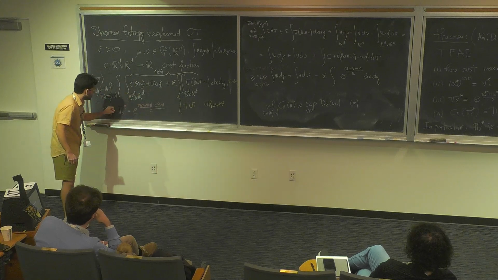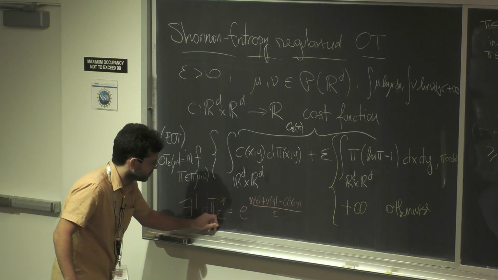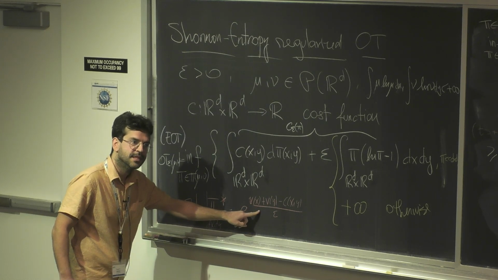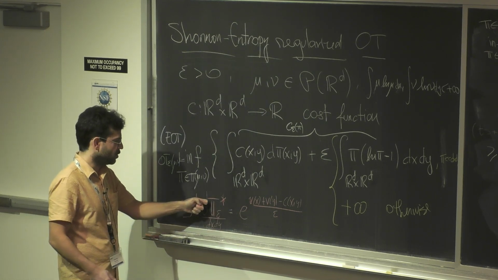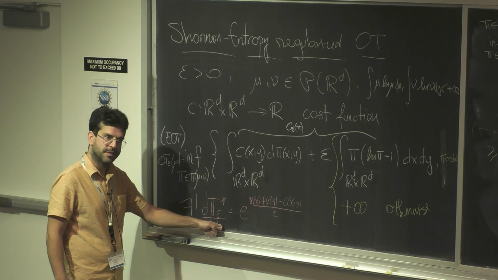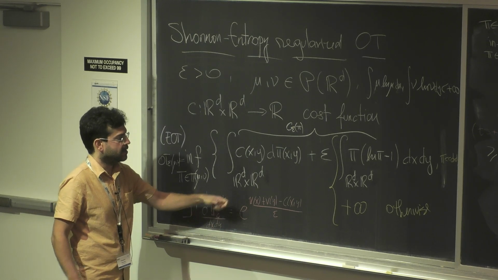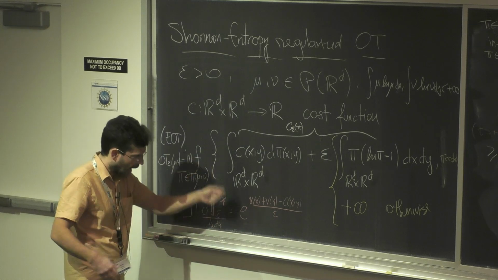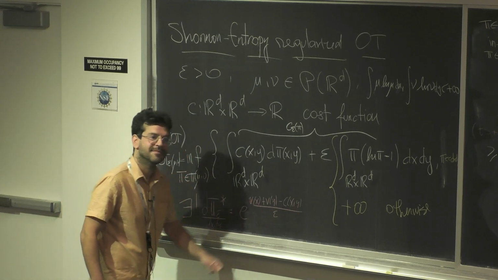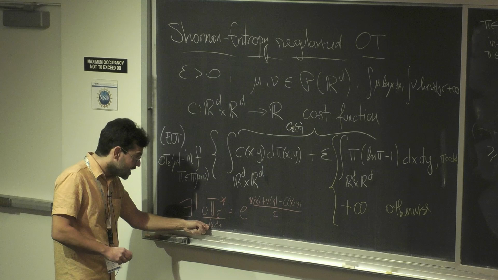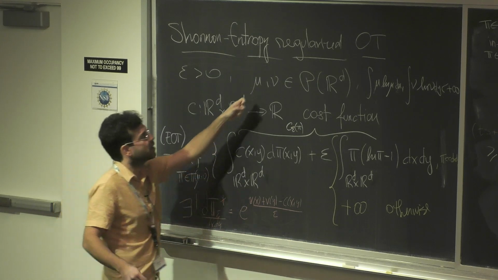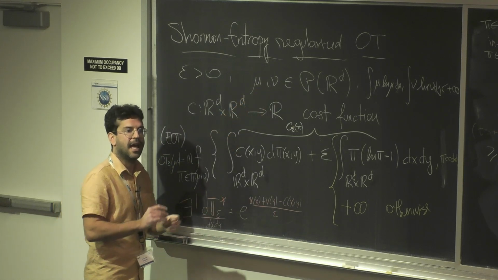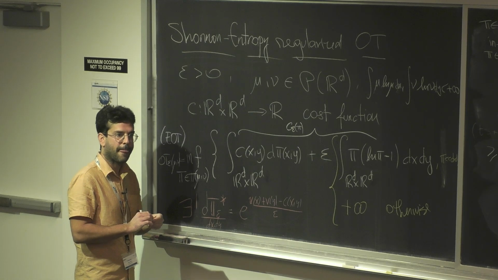So what I'm saying is that the Radon-Nikodym derivative with respect to the Lebesgue measure is equal to this guy. If I change the regularization, the Radon-Nikodym derivative with respect to the product measure is going to be the Legendre transform of phi prime of this guy. But the fact that I'm regularizing with respect to the product measure is very important.